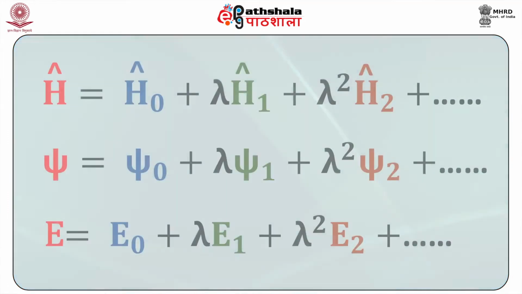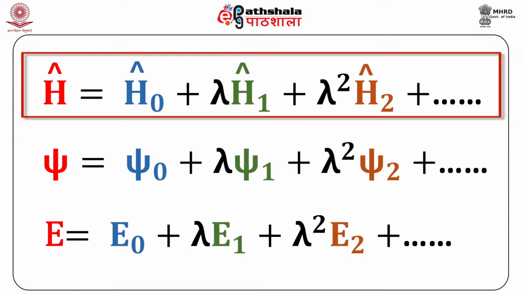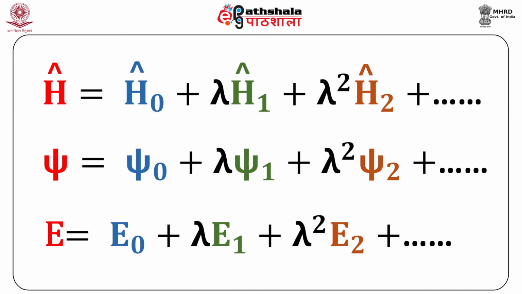So you can see here that the exact Hamiltonian H cap can be written as a sum of these terms: H0 cap plus lambda H1 cap plus lambda square H2 cap. These are the various terms in the Hamiltonian equation.